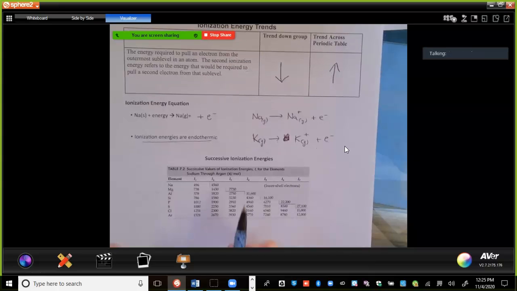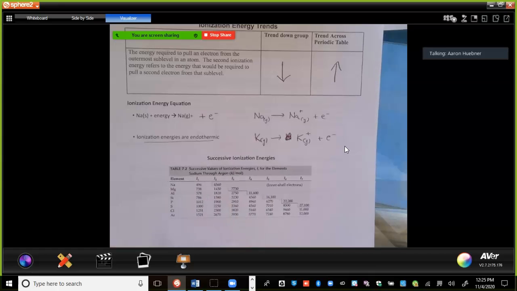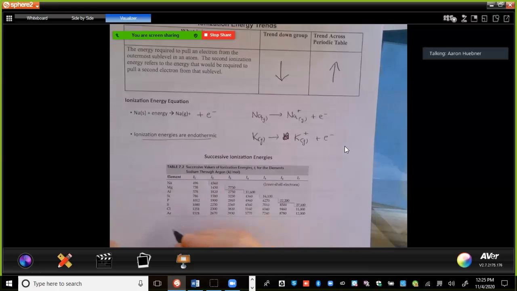Right here, these are successive ionization energies. For sodium, it's about 496 kilojoules per mole, the energy required to pull the outermost electron away. But once you try taking a second electron away, it's too much energy, so it naturally won't do that.